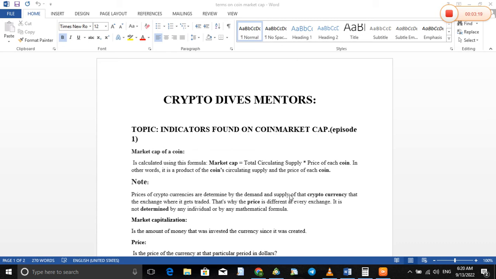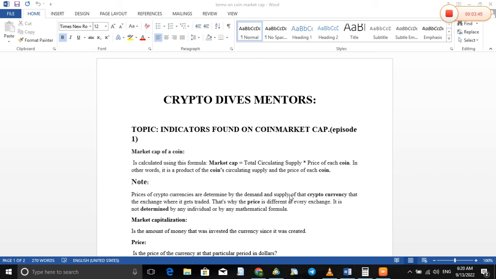Why demand and supply? The amount of coins being produced by the system of blockchain, you find the number is fixed. You cannot compare it to the number of people who would like to invest in that currency. That's where the demand is created from. And you find the supply of these coins is fixed.